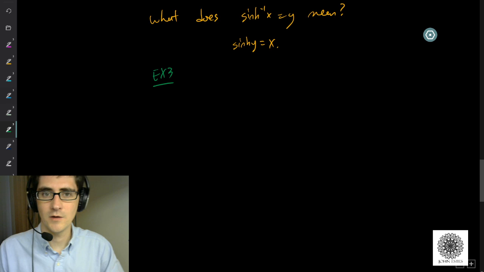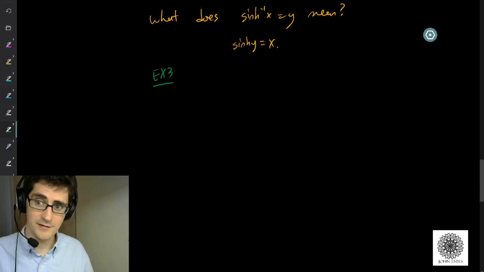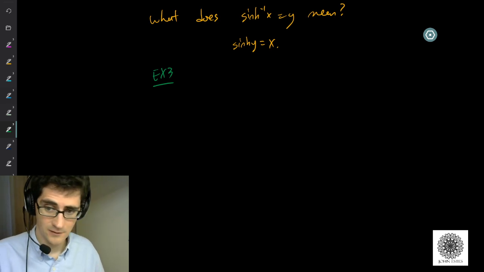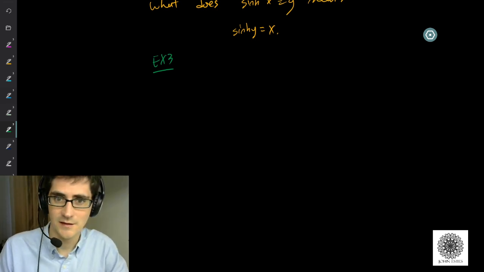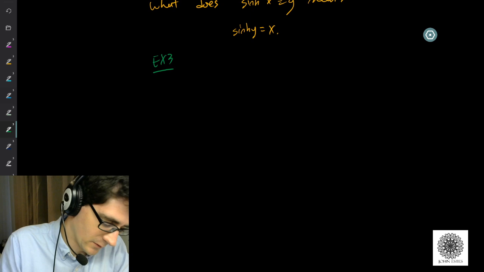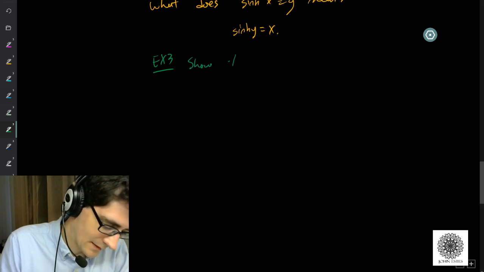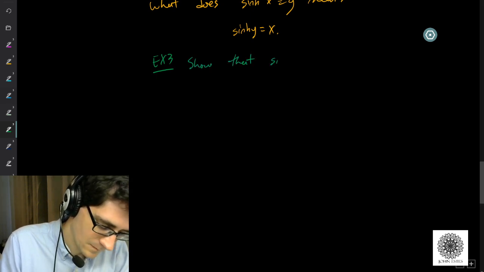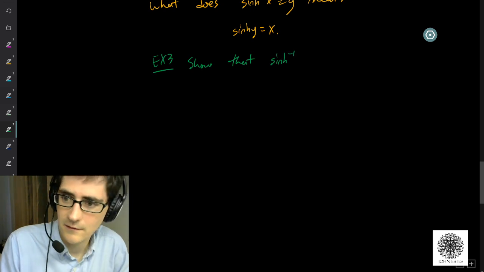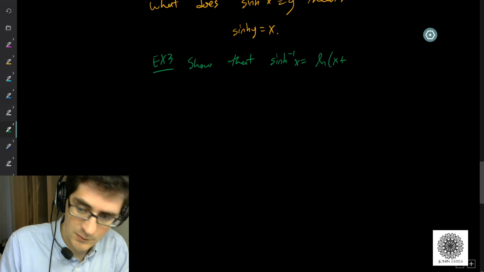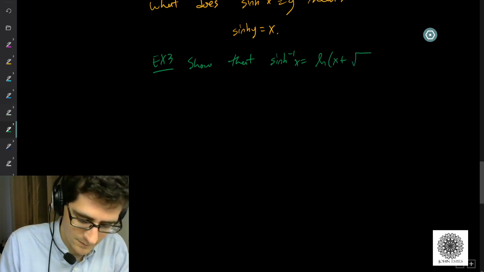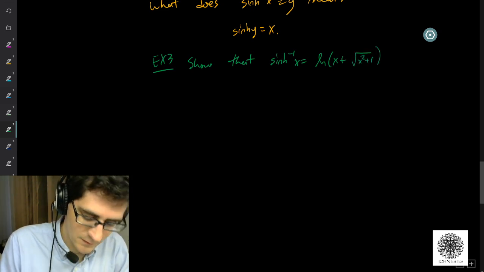And then after this, we'll write our logarithm definitions of inverse hyperbolic tangent and hyperbolic cosine and sine. We're going to show that sinh inverse of x is the same thing as ln of x plus the square root of x squared plus 1.